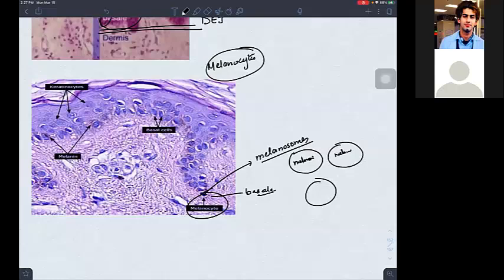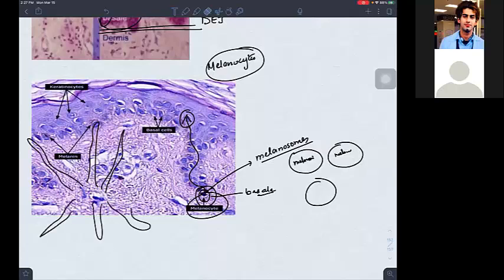And these melanocytes synthesize melanosomes, and you want the color of the total skin, so they are transferred to keratinocytes. Now tell me one thing, should they have a channel type of a thing, a dendritic type of a thing, to send these melanosomes, not actually melanin, please remember, melanosomes?